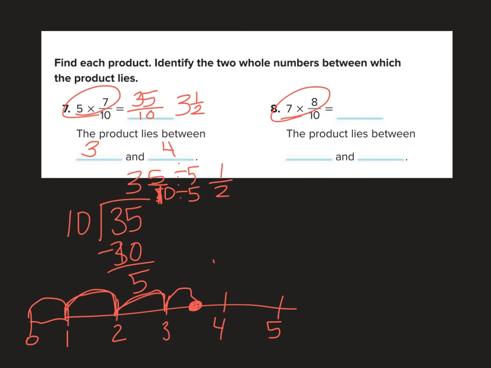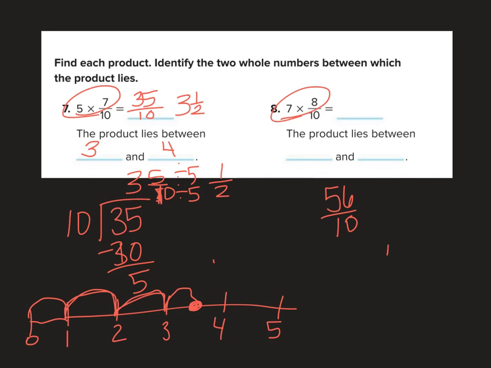7 times 8 is 56 tenths. Okay, these tenth ones are really nice because we really could view this too as, well, 10 goes into 56 5 times, which would get me to 50, and I have 6 left over, so it would be 5 6/10.